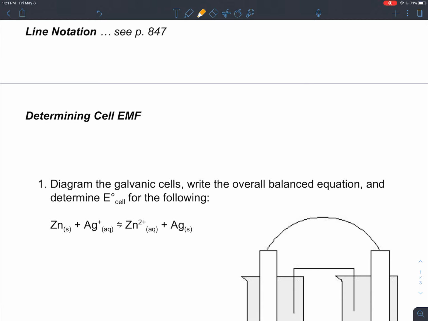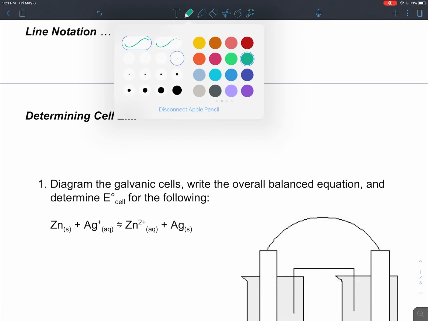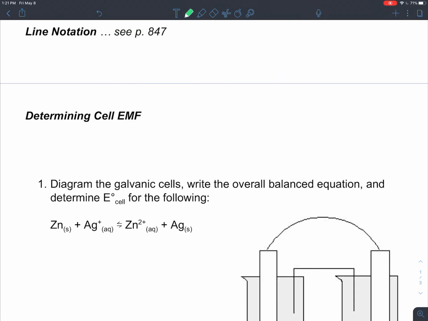Okay, so let's go down and take a look at how we could determine the electromotive force or the cell potential of a given cell. And so there's a couple different ways we can do this. One is we can write them out. And the other way is to just look at the reduction potentials for them.